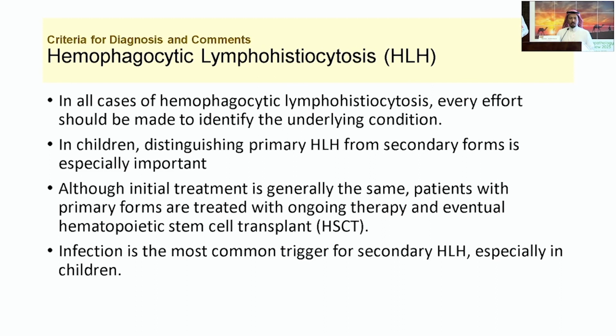In children, we need to identify whether the case is primary or secondary on the basis of the mutational panel. The initial treatment is generally the same, for patients with a primary or secondary form.